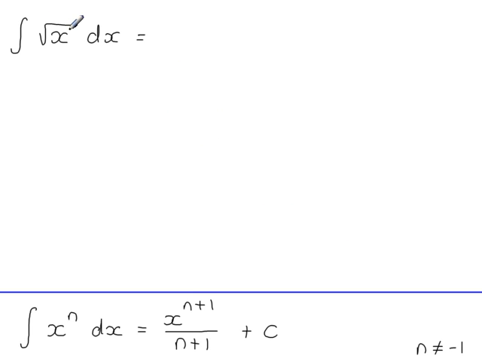Integrating something in surd form, so let's change this to index form first, so integrating x to the power of a half.